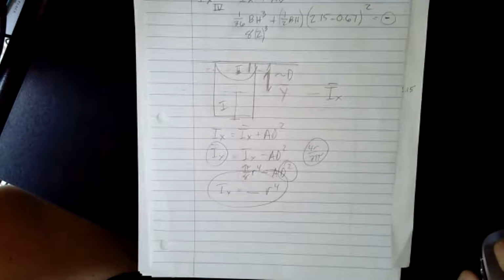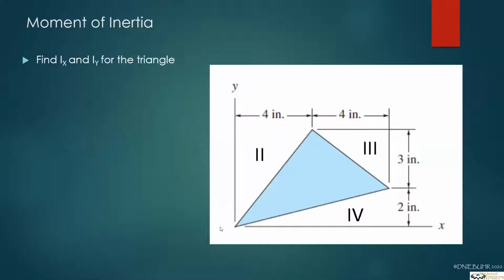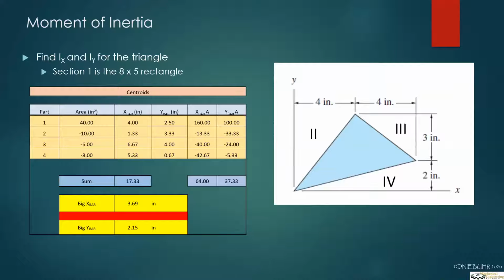Let's go back to this problem here. So we're back here. So we have our spots. I've kind of showed you what we want to do. So here I got the centroid again. I used Excel. So I have my areas, plug in my X bars, plug in my Y bars, and then you can set Excel to do all this by itself.